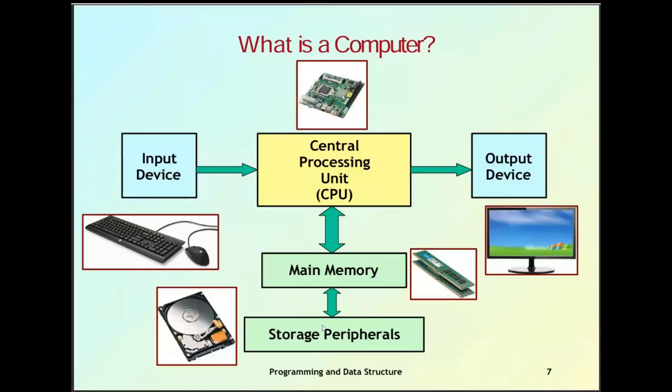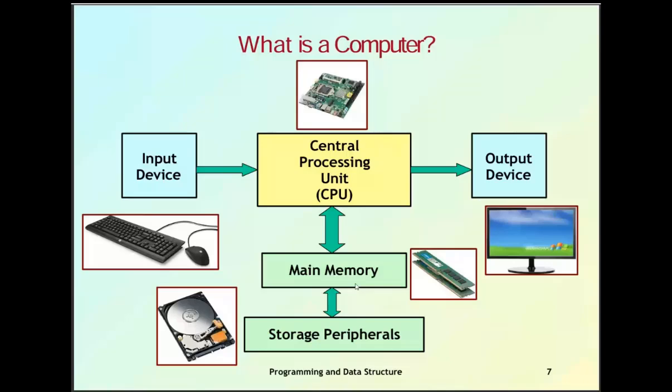Those peripherals or devices are also meant for storing some sort of data, but there is a difference between what we store in the main memory and what we store in the secondary memory. Whenever we perform some sort of computation, all the data or the code must be there in the main memory.